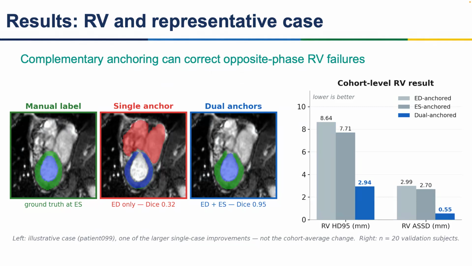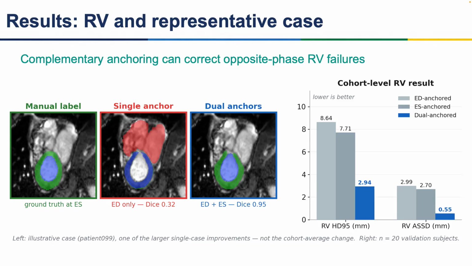With dual anchoring, the end systolic anatomy is supported by the ES branch, and the DICE improves to 0.95 on the same frame. I want to emphasize that this is an illustrative case rather than the cohort average change. The cohort level result is reflected by the substantial reduction in RV HD95 and ASSD.